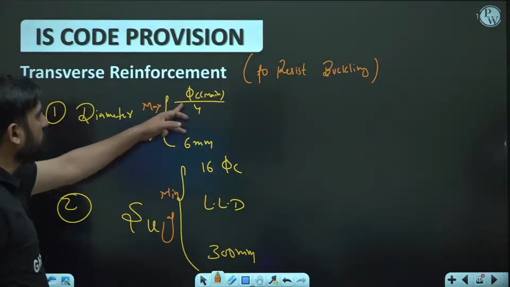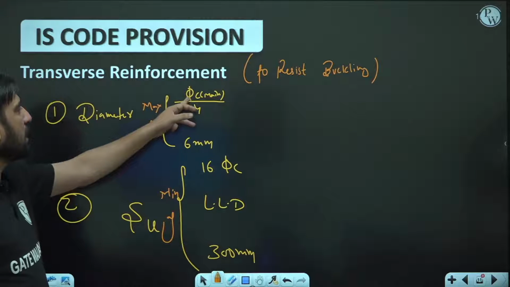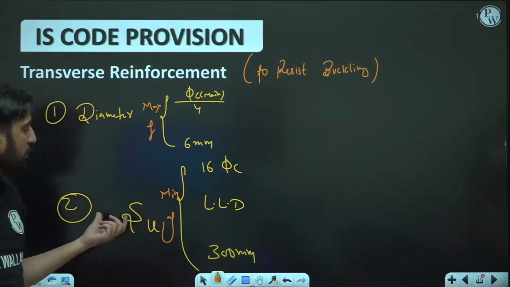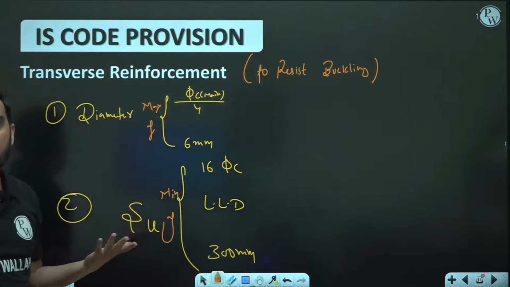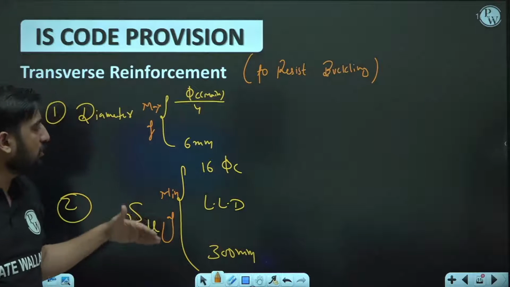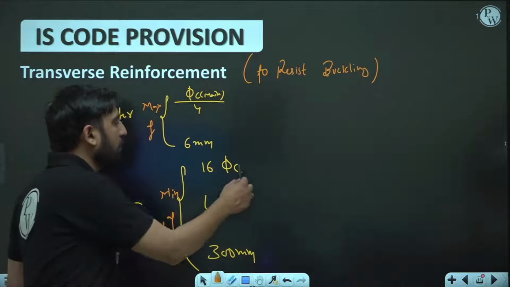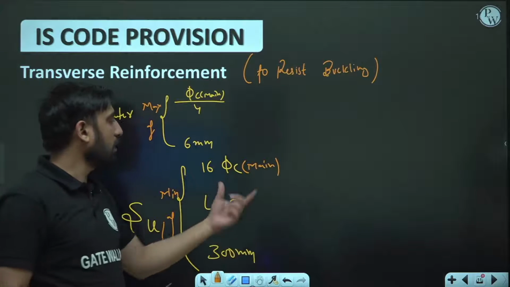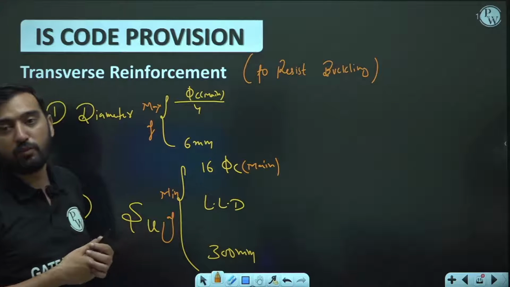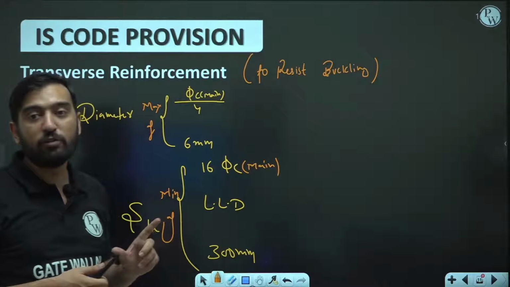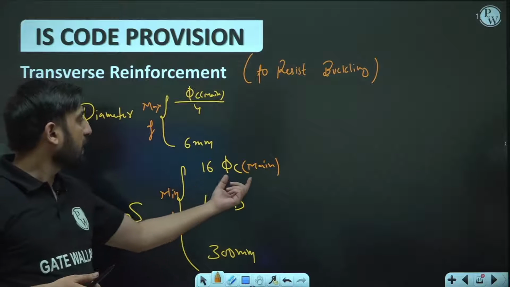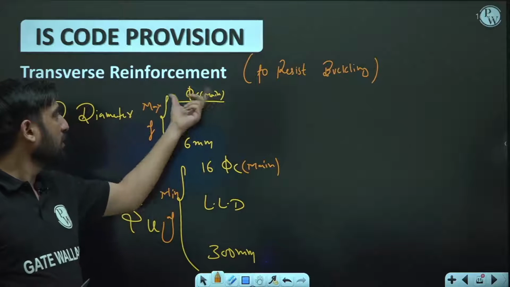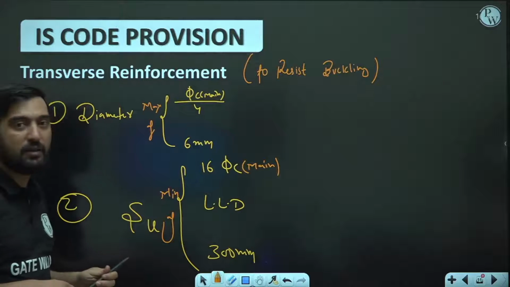In the case of two different diameters, we take the bigger diameter to maximize our diameter. In the same way, if I want to increase the amount of steel, I have to decrease the spacing. So while calculating spacing, when there are more than one diameter of bars, I am going to use the smaller diameter of main reinforcement. Don't be confused here. While calculating spacing, keep phi c the smaller one, and while calculating diameter, keep phi c the bigger one.